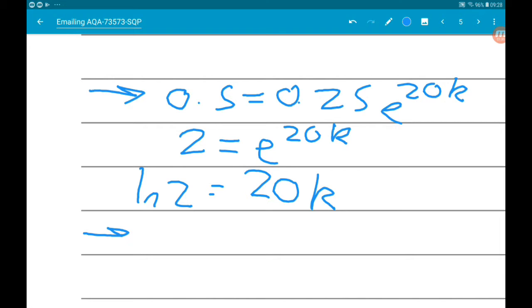Therefore, k is equal to 1/20th of log 2.